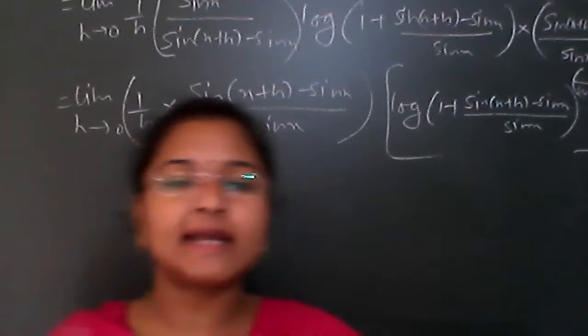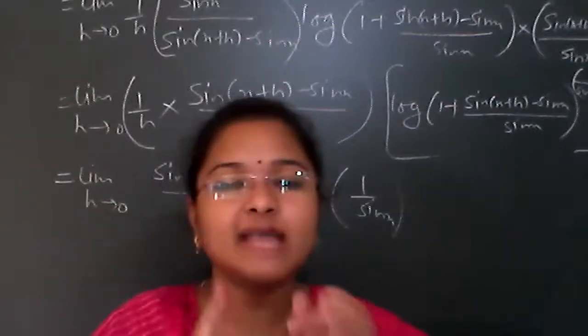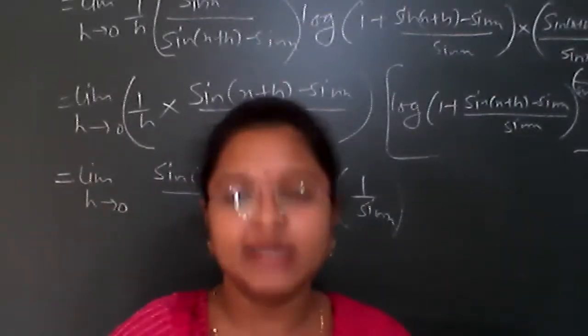So we now have the limit of sin(x+h) minus sin x over h, times 1 over sin x. Now, what is sin A minus sin B?